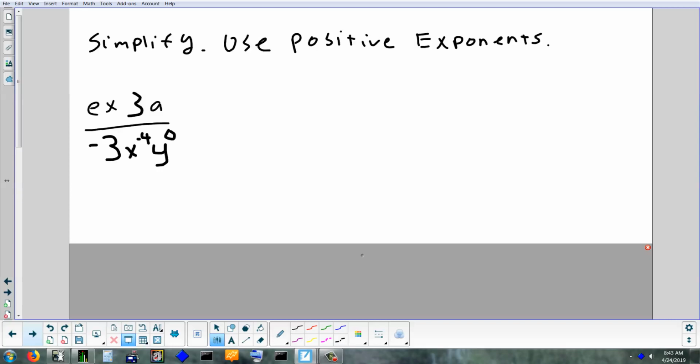Put it over 1, right? So I'm just going to take this whole thing and put it over 1. I know that's not one of our steps, but if we see a negative exponent and it's not a fraction already, we got to put the whole thing over 1. All right?